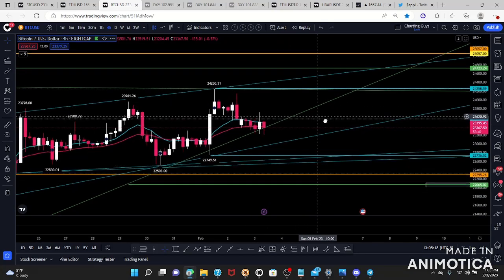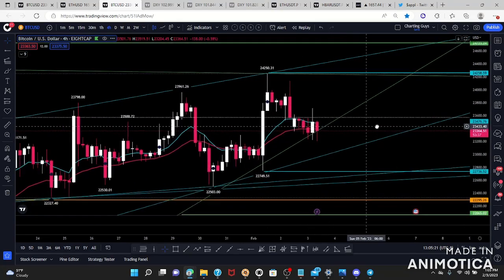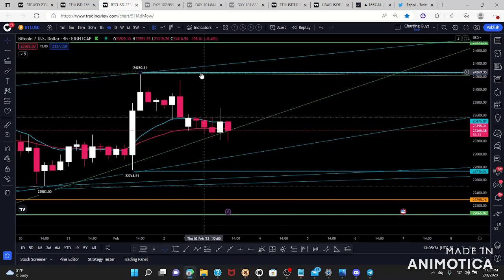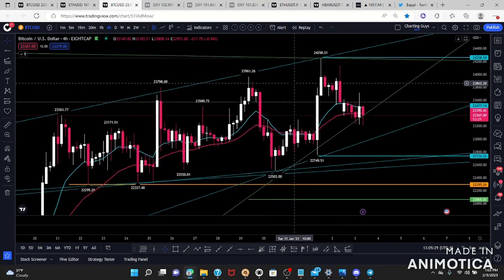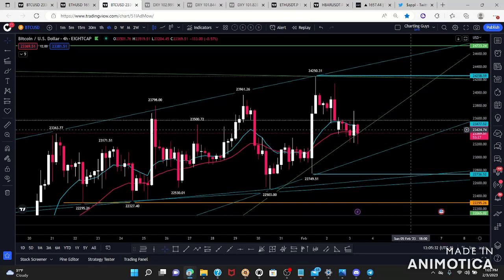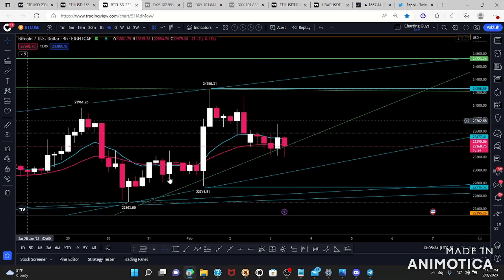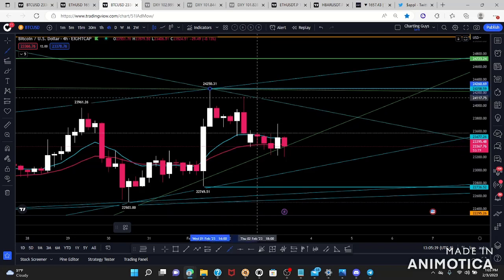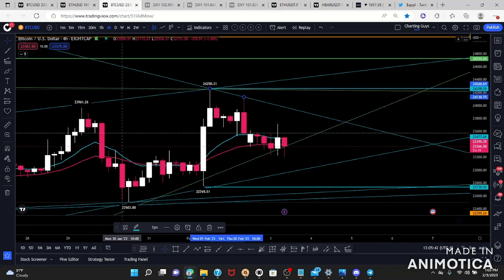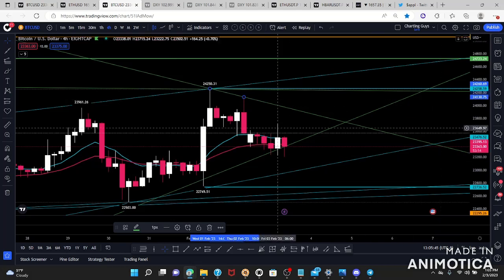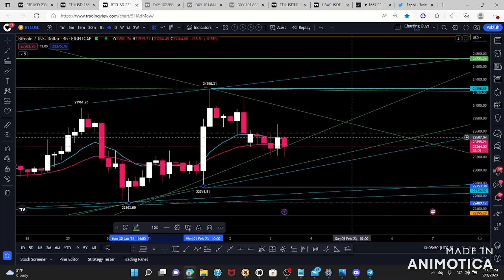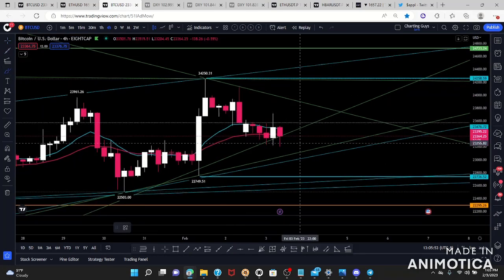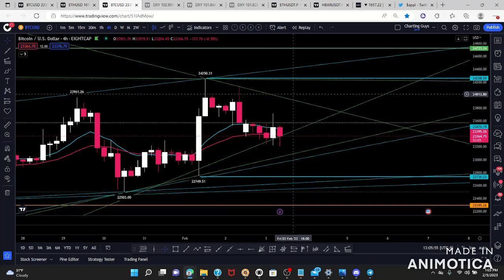So now that we're here in my 4 hour, I'm going to connect 4 hour trend lines. So I have my resistance, my support. I have some blue 4 hour trend lines here, and let's keep focusing on that price action right now. So I'm going to connect my wicks. Right, so this is the wedge where we're playing right now.